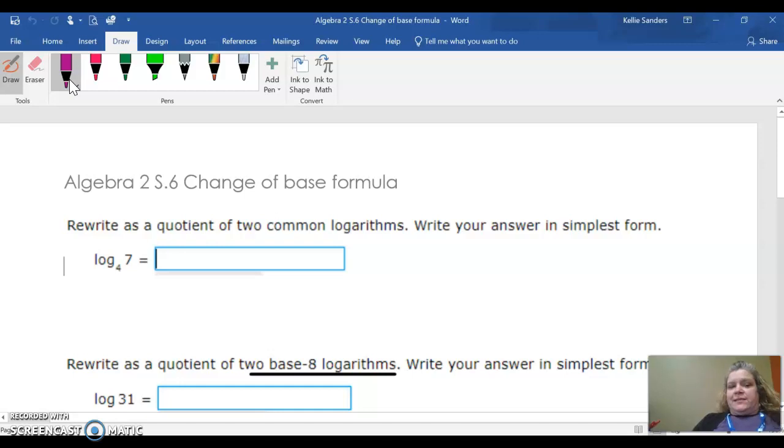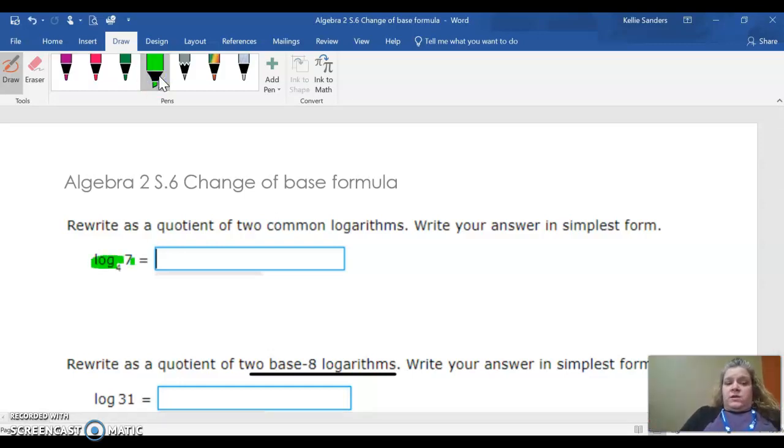Right, Algebra 2 S6, change of base formula. Now sometimes you're going to be given a problem and it says, okay, what does this equal? Well, you may not know what it equals.